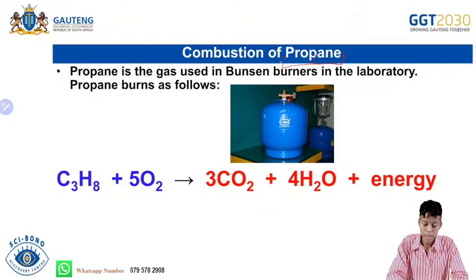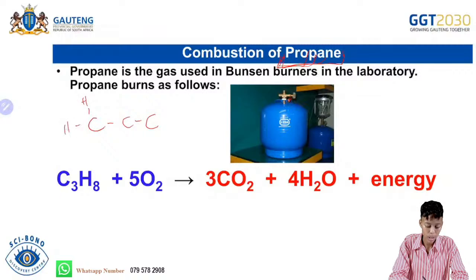Therefore, it's going to have single bonds. Then it says prop. So prop means that we have 3 carbons. So this is then your 3 carbons. Then you can draw your hydrogens as well.